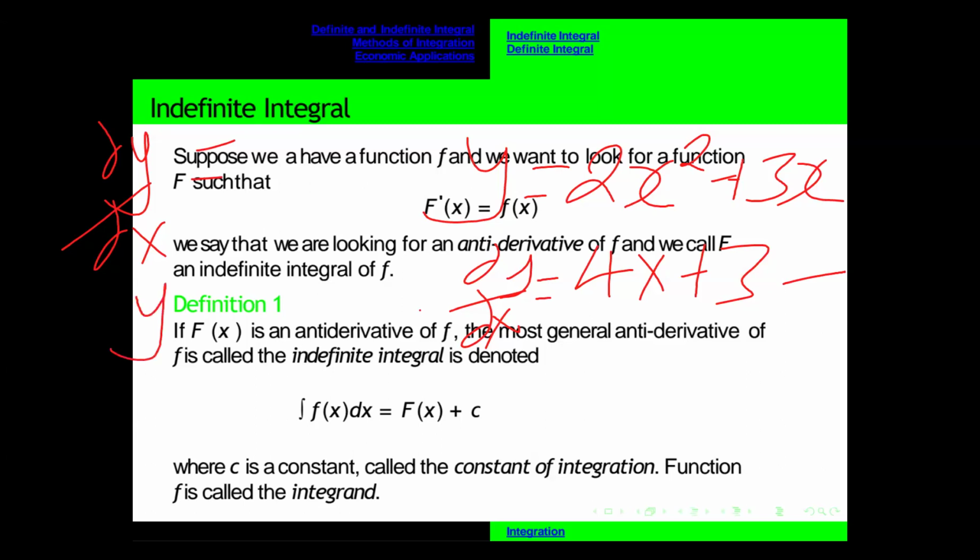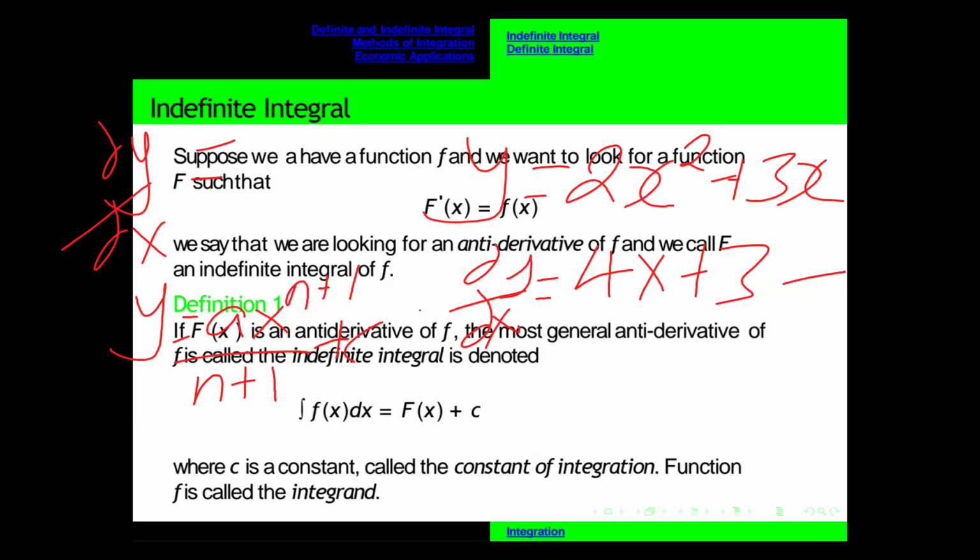And the integration is given by this: ax to the power n plus 1 divided by n plus 1, plus c, the constant. It means you have to add 1 to the power, and divide by that increase.